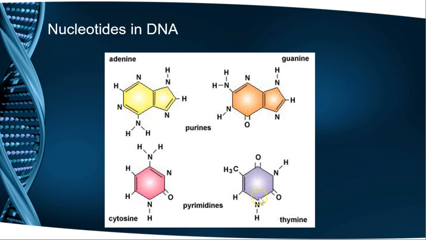And then you have cytosine and thymine, which are these 6-carbon sugars, and they are called pyrimidines. So you can divide your 4 nucleotides into these 2 categories, purines and pyrimidines. And this is it. All DNA is based on these 4 nucleotides, A, G, C, and T.